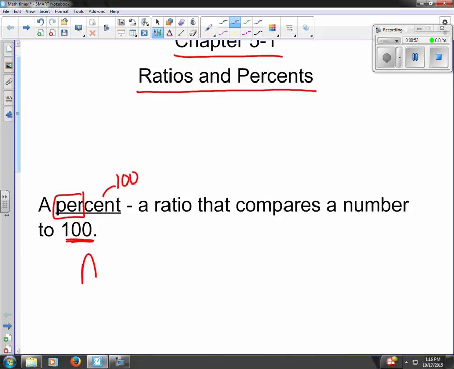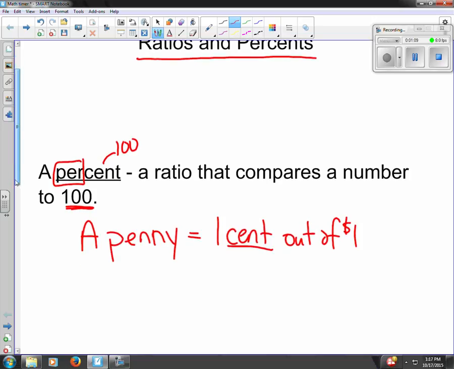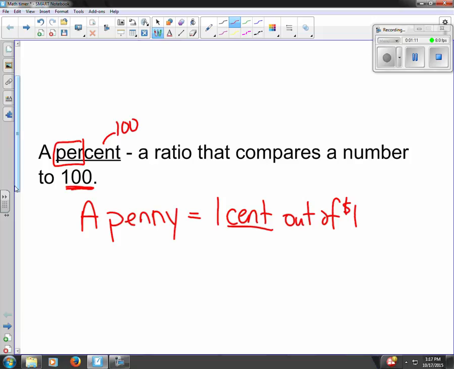A penny is 1 cent because it's out of $1, and that's 100 pennies. So it's per cent. Okay, 1 penny, 1 cent. So think of percent as out of 100.